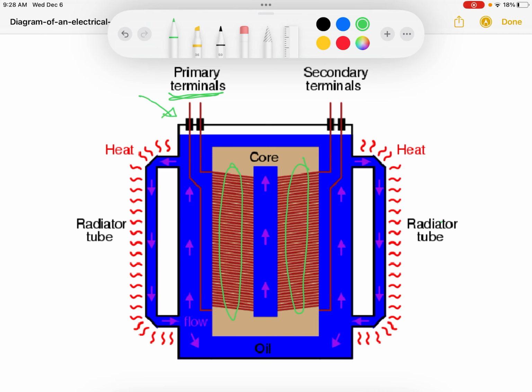In the primary terminals, the transmission or distribution lines will enter with 7 kilovolts. And then in the secondary terminals, going to our home, it will now be 240 volts. So you could notice that there is a huge difference in the voltages. That is the main purpose of our transformer.